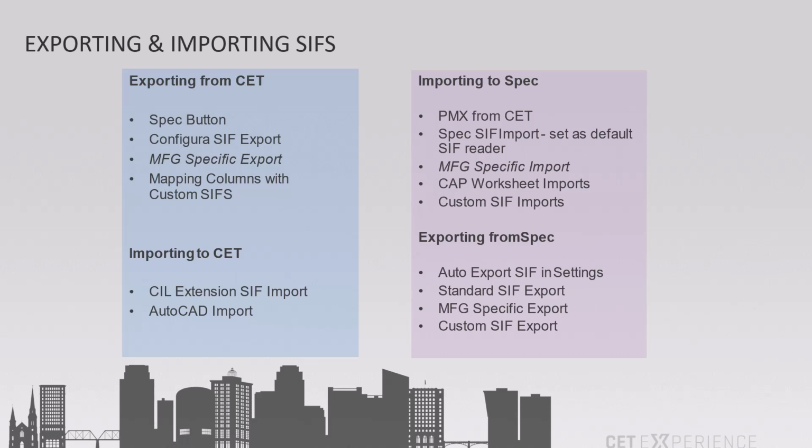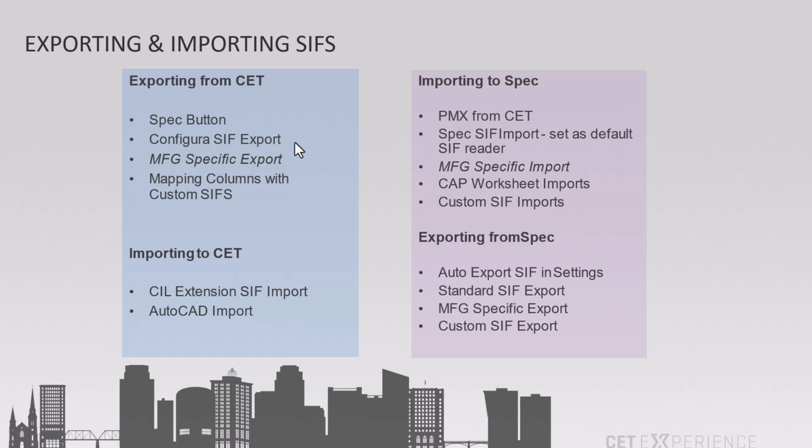So importing and exporting from CET and Spec are a little bit different. When you export from CET, if you're going to Spec, you can use just that Spec button. There's no need to actually export the file. Then you will want to use the Configura CIF export for the majority of your exporting.